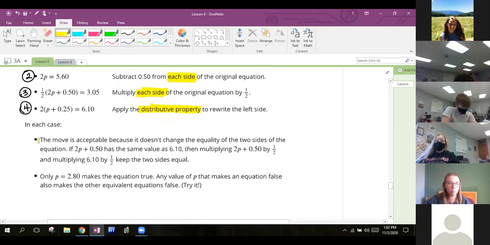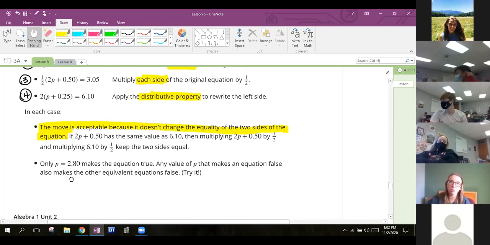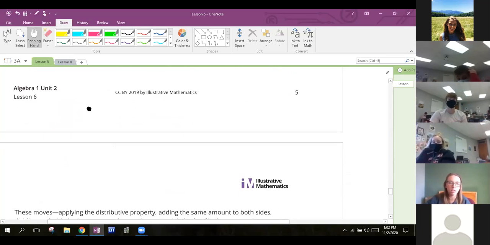So the move is acceptable because it doesn't change the equality of the 2 sides of the equation. Because they're doing it to both sides, it's going to essentially stay the same. It's just going to look different. Which is what we've talked about a lot, that's what equivalent means.